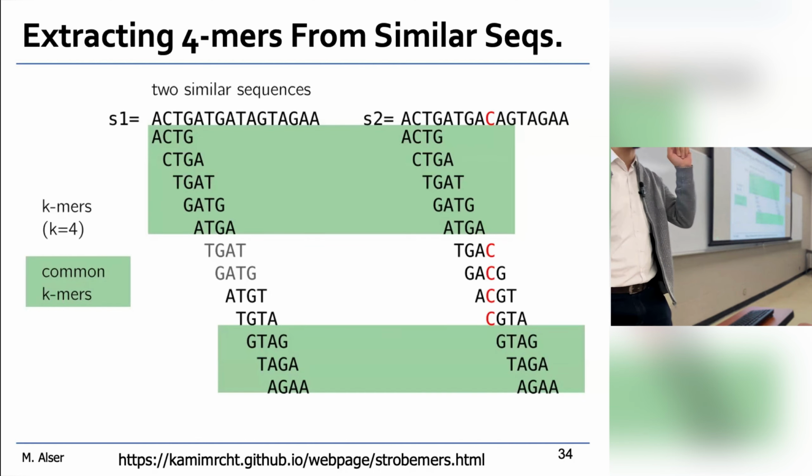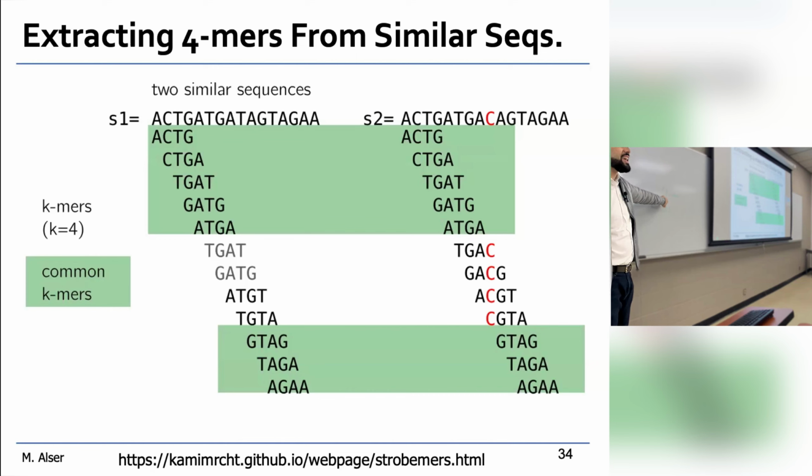Can you relate the 4 with the 4? And that's exactly what we will get in real life. Every single difference is going to affect K seeds, okay? So if you have that idea in mind, now you could build an efficient algorithm that can compare two sequences by their k-mers.